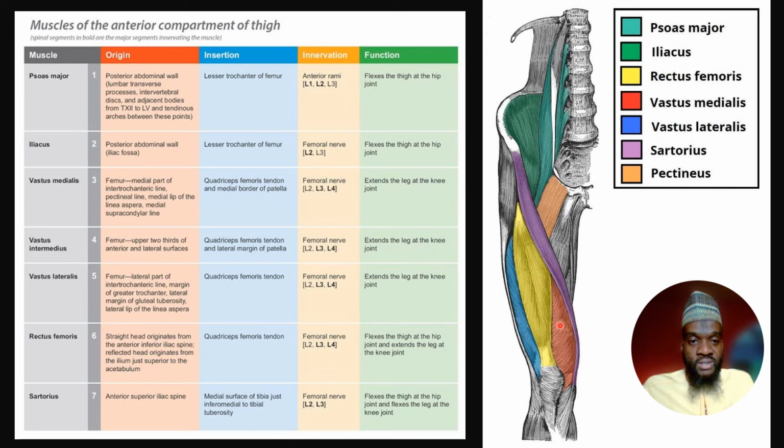Vastus medialis arises from the medial part of the intertrochanteric line, as well as from the pectineal line, the medial lip of the linea aspera and the medial supracondylar line. All of this then inserts on the quadriceps femoris tendon and the medial border of the patella.